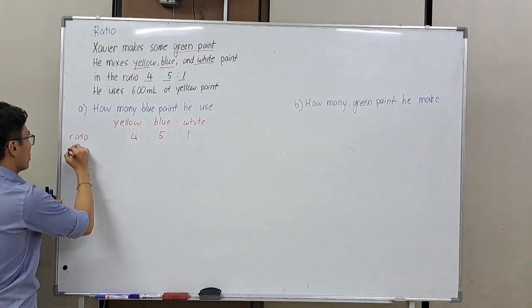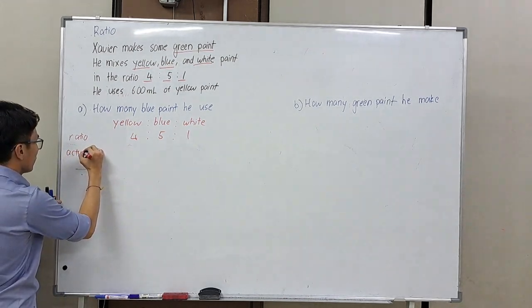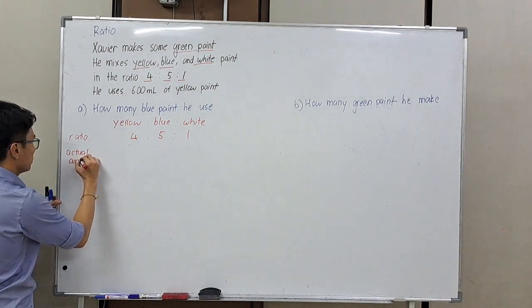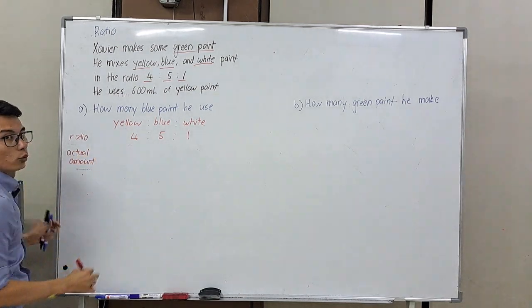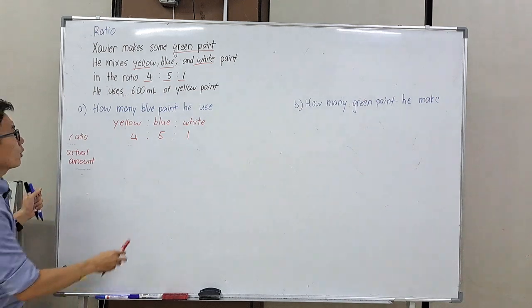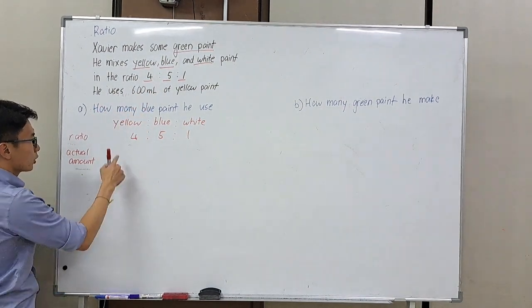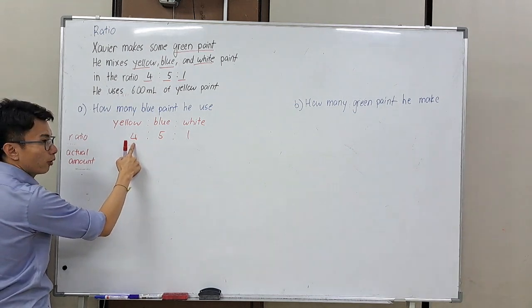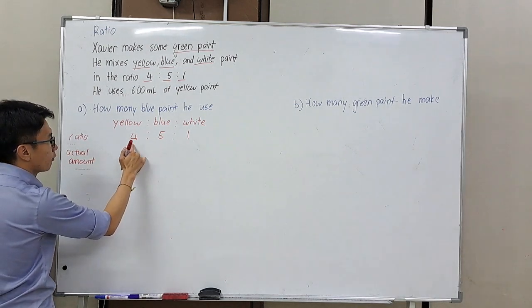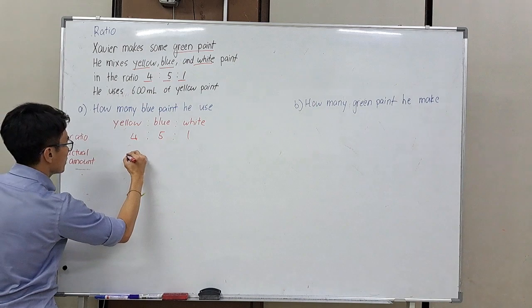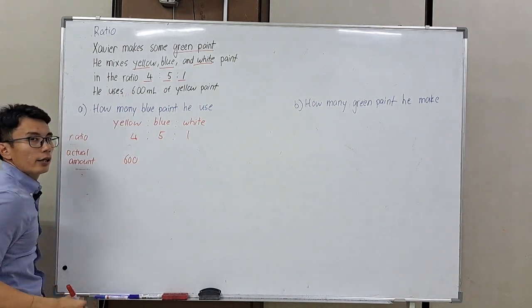But what's the actual amount here? In this case, they tell me he used 600 ml of yellow paint. So the actual amount of this ratio 4 is 600 ml.